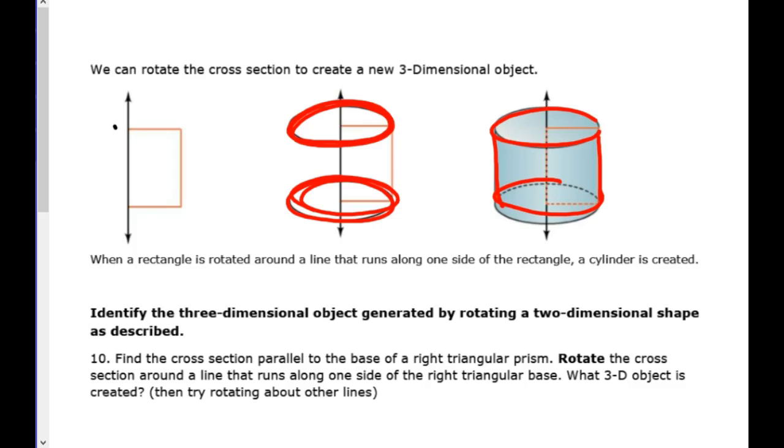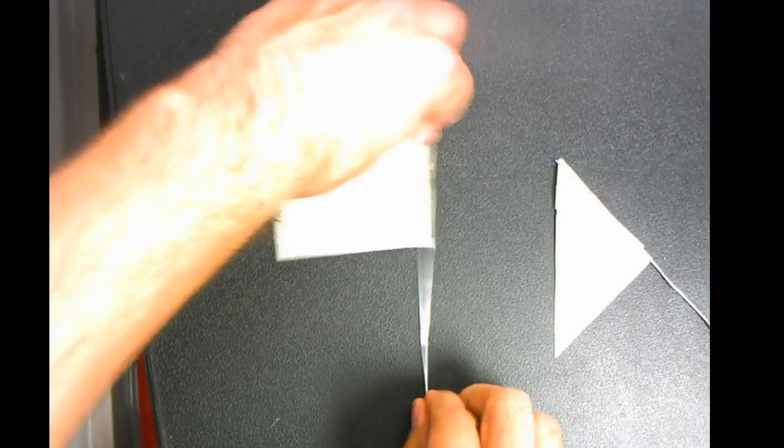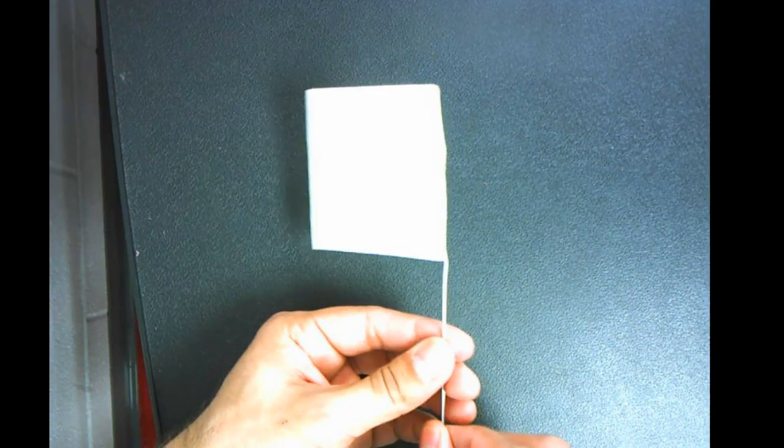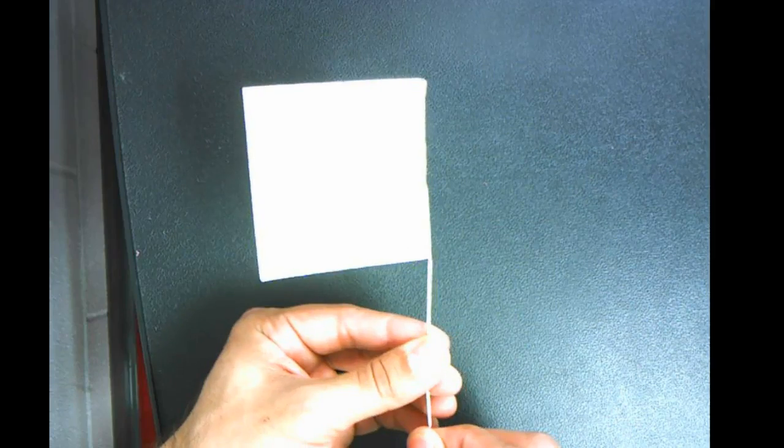So if you don't believe that, maybe you'll believe my cool little thing I'm going to show you here. All right. So I've got a rectangle on a paper clip, right? Super cool. And the question is, what happens if I take this and I rotate it super fast, right?